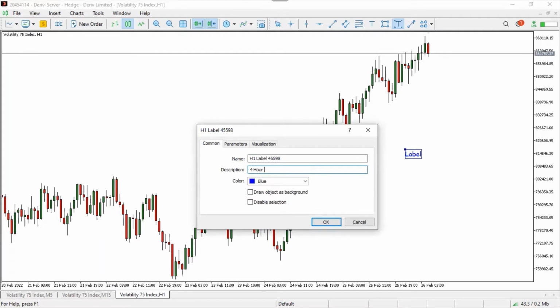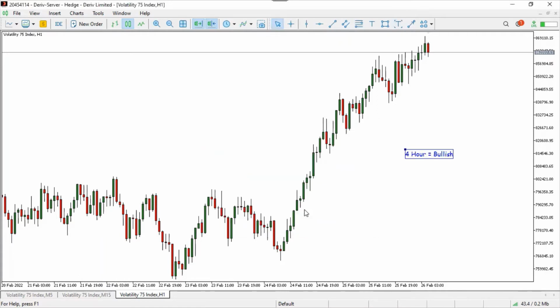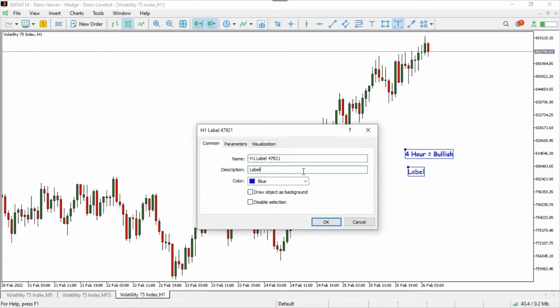I normally put equal to, because I'm looking at the current trend, it's bullish. Now, let's say 1 hour. 1 hour is also equal to bullish.